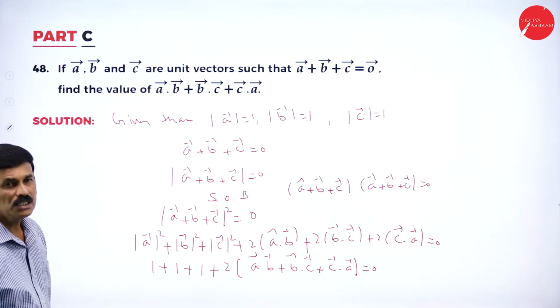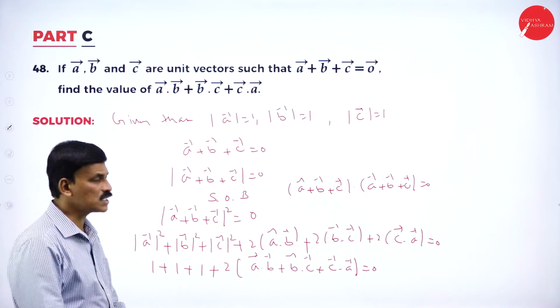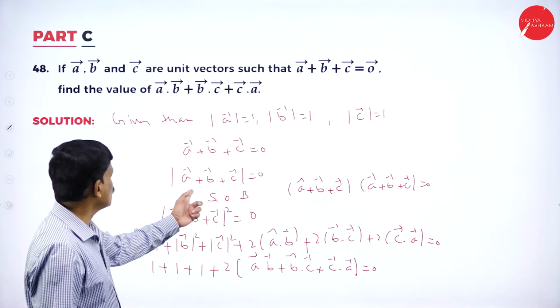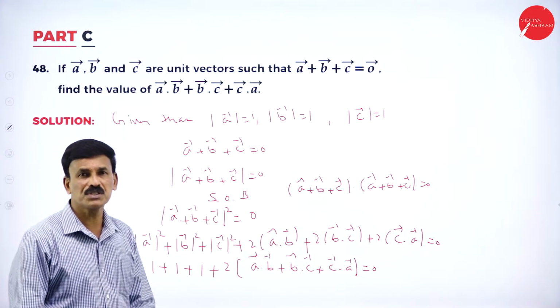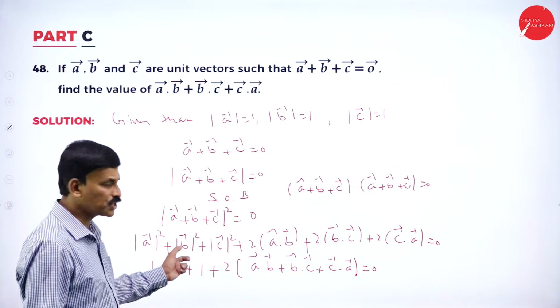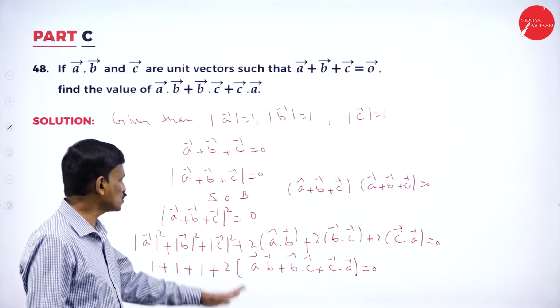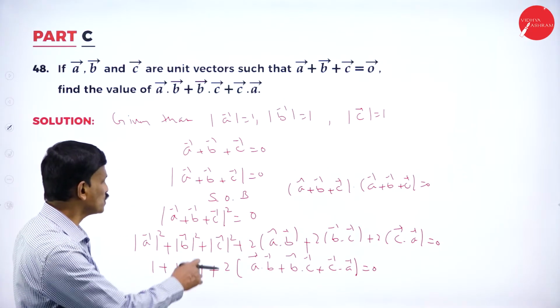Now what is given? Length of a, length of b, length of c is equal to 1, because they are all unit vectors, and what is required to find is a dot b plus b dot c plus c dot a. Now what is the given condition? Vector a plus b plus c is equal to 0. Squaring on both sides, you will get length of a square plus length of b square plus length of c square plus 2 times a dot b plus b dot c plus c dot a is equal to 0.